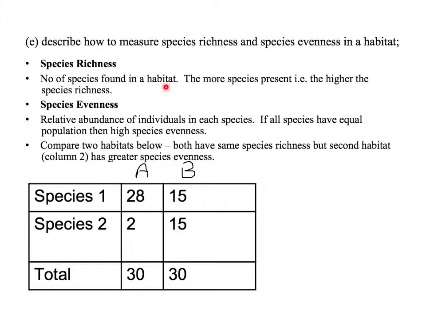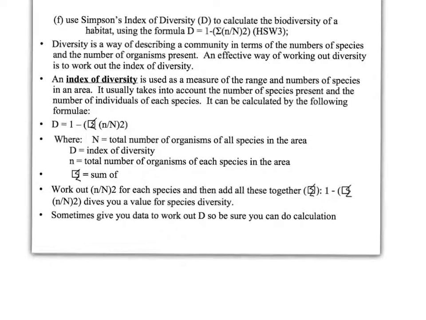Moving on to another way of representing the amount of species or species biodiversity, which is slightly more complicated. This one is the idea of something called Simpson's Index of Diversity. So you actually need to remember this. There's a formula here, and I'm going to explain how this formula works in a second.